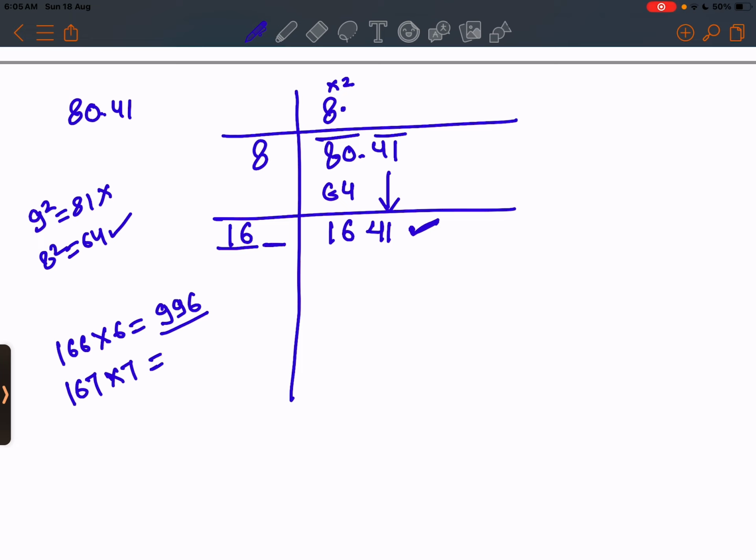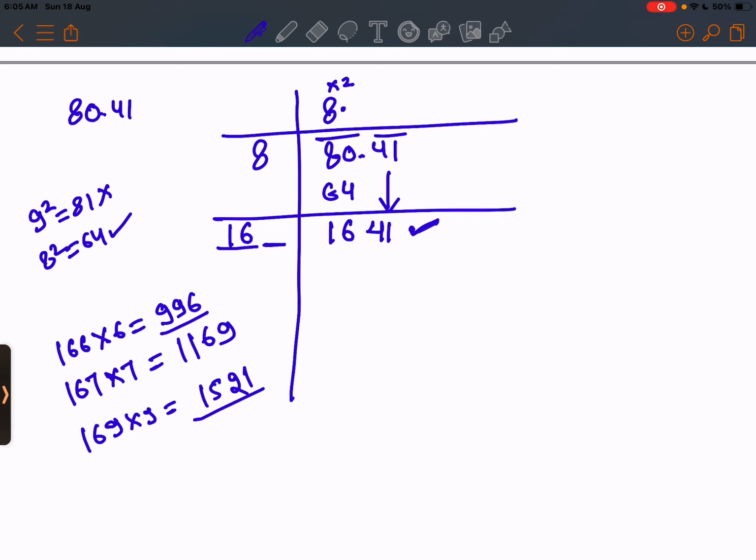167. 7 7s are 49, 7 6s are 42 plus 4 is 46, 7 1s are 7 plus 4 is 11, giving 1169. Now go for 9. 9 9s are 81, 9 6s are 54 plus 8 is 62, and 9 1s are 9 plus 6 is 15, giving 1521.